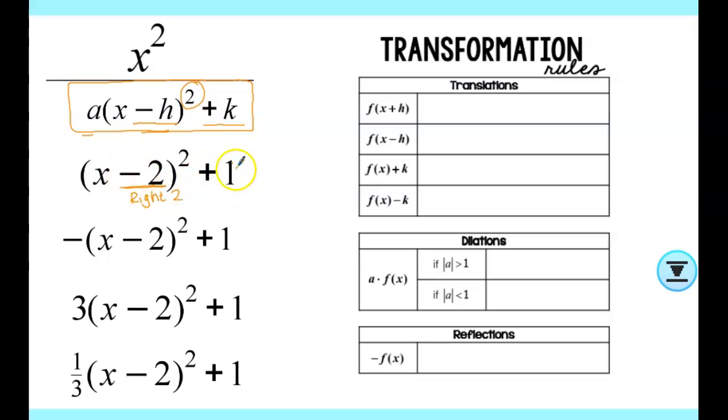Outside, this constant back here, that is our up and down, and positive would just mean up, and negative would mean down. So if we have a transformation with a plus inside the parentheses, that means that it's going to be a horizontal shift left h units.